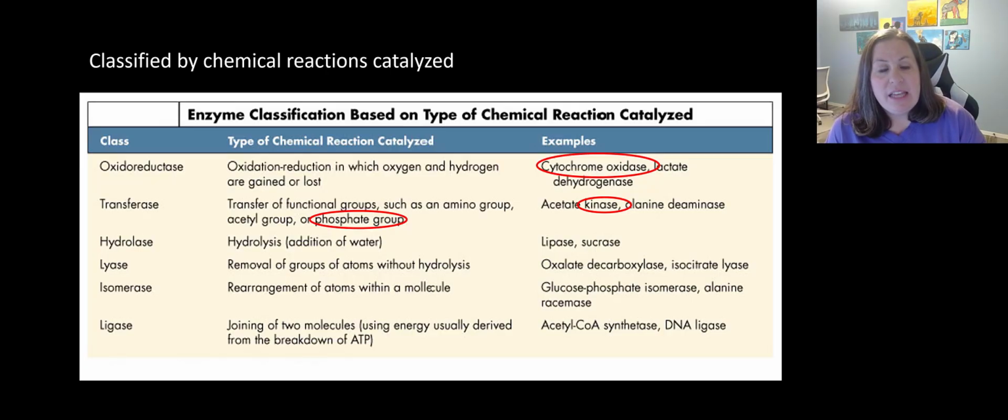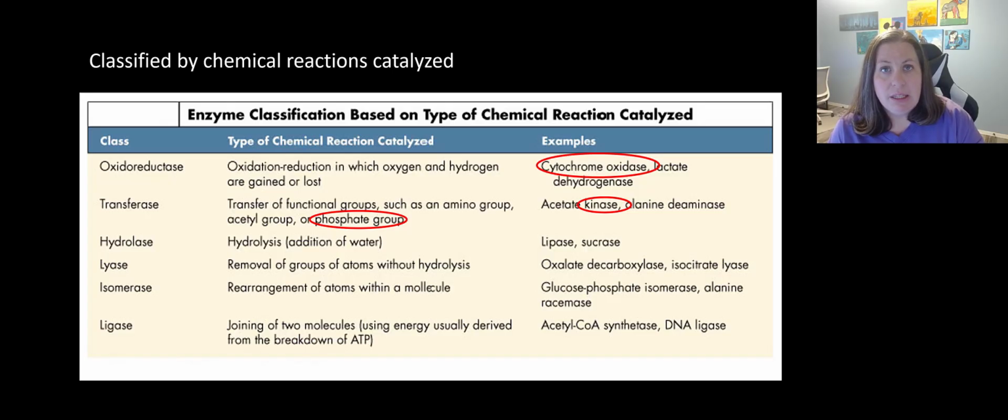So here is a chart that shows you some of the chemical reactions that are catalyzed within different types of organisms. And so you can see that the enzymes are listed here and they all end in ase with their class. It also tells you some examples of them. So like the cytochrome oxidase is circled here, as well as kinases, phosphate group.